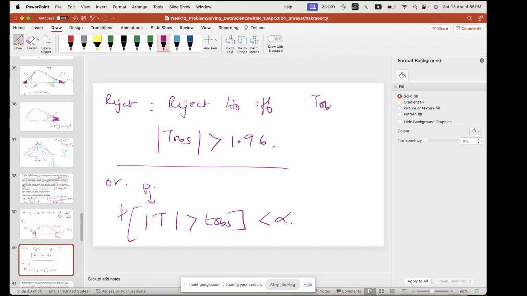So T observed is actually 0.00065, and it is not greater than 1.96. So we are not rejecting H0, but we are accepting H0.